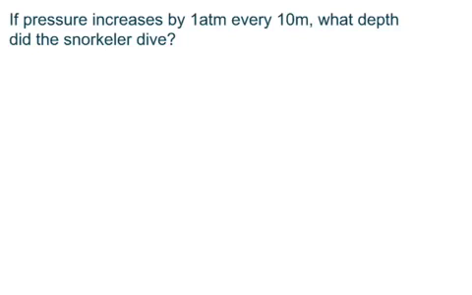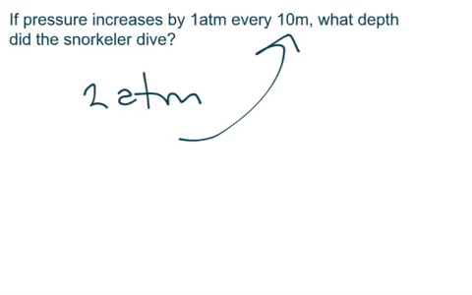So he started at 1 atmosphere of pressure and went down to about 2 atmospheres, which means that he probably dove to 10 meters. So he was already at 1 when he was at depth 0. He went down to 2 atmospheres, and apparently every 10 meters you have 1 atmosphere of pressure. I don't know why they felt like they needed to add that to it, but yeah, why not? We'll solve it.